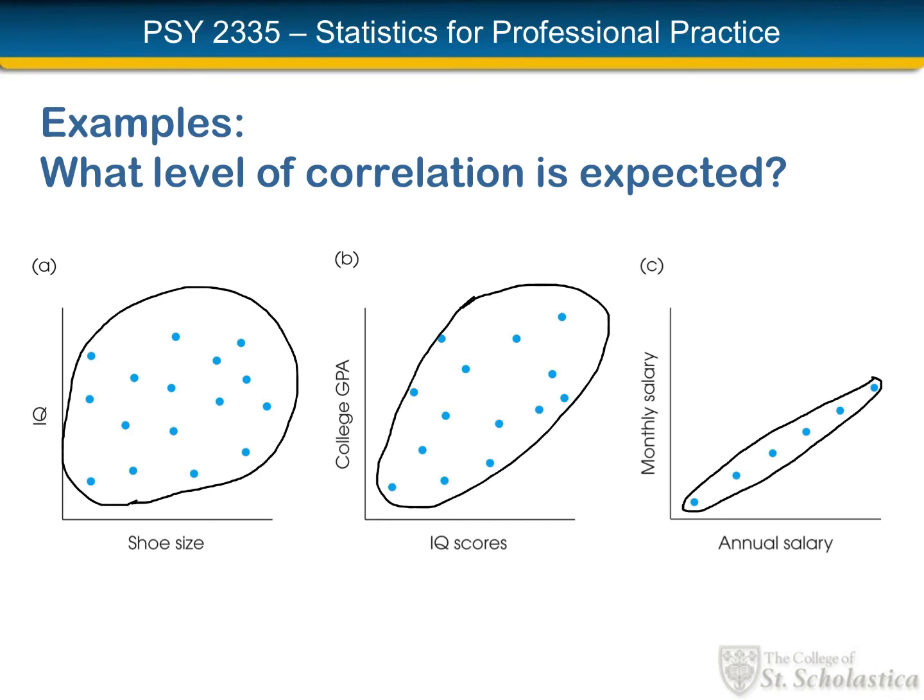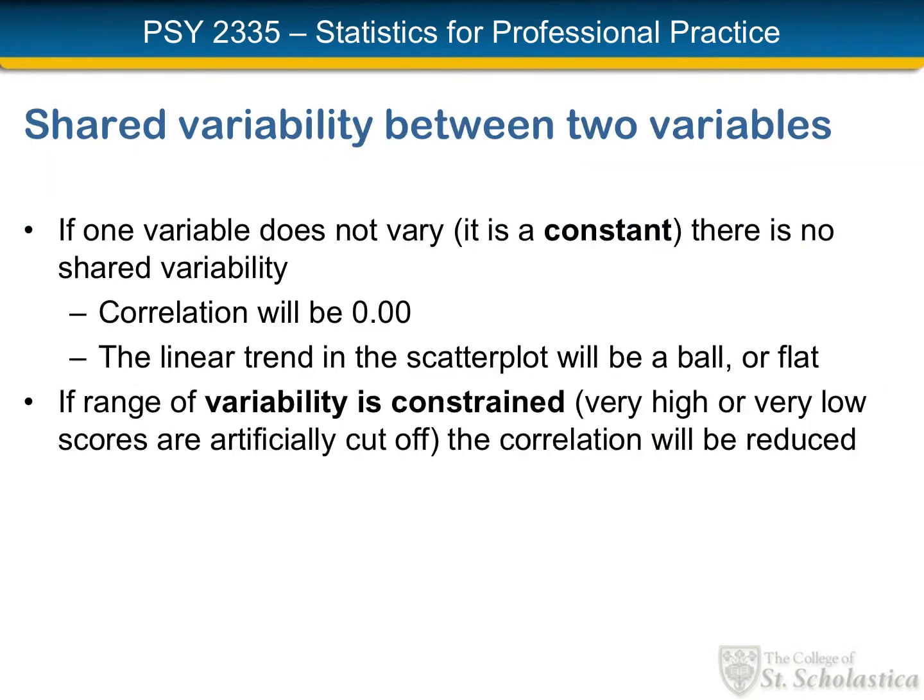Short of variability due to bonus pay, if I know your annual salary, I can predict your monthly salary and vice versa. So I've got no relationship, a moderate relationship, and a strong relationship shown in these graphs. The correlation coefficient can also be seen as a way of measuring shared variability.